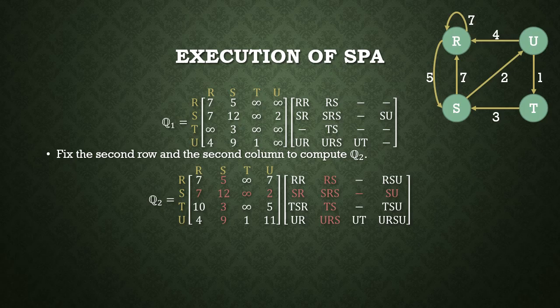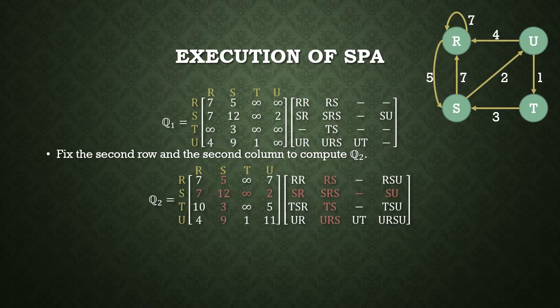And the old path remains as it is. Now we have to decide for the UT entry. The old value is 1. The intersection values are 9 and infinity, which will give infinity, so we let the old value be.